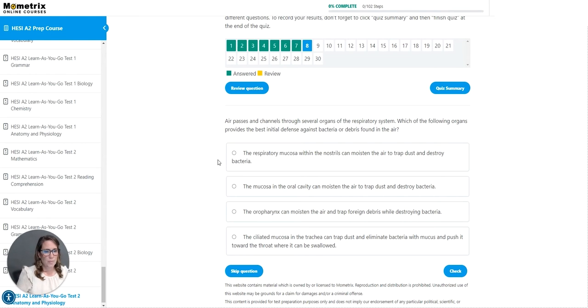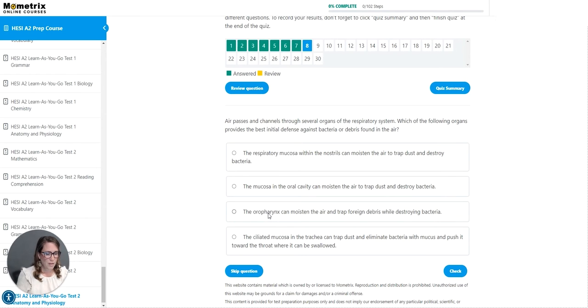First choice here, respiratory mucosa within the nostrils can moisten the air to trap dust and destroy bacteria. Yes. The mucosa in the oral cavity can moisten the air to trap dust and destroy bacteria. Probably not so much. Oropharynx can moisten the air and trap foreign debris while destroying bacteria. Yes, but it's not really our initial defense.